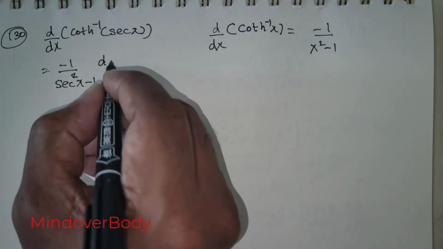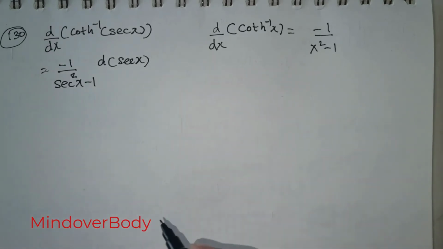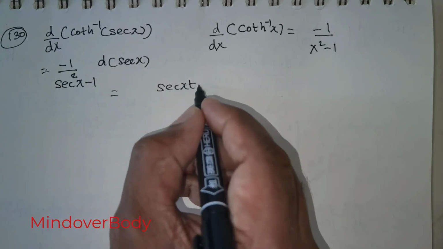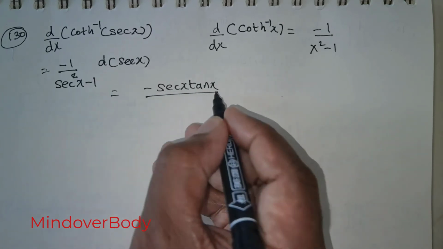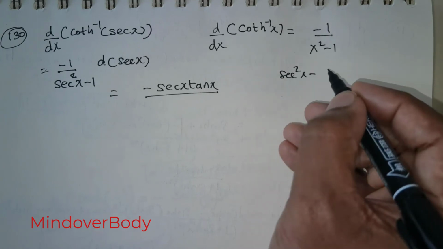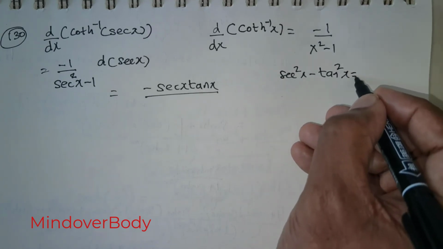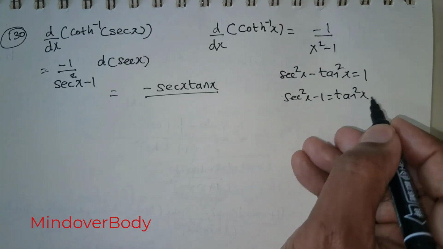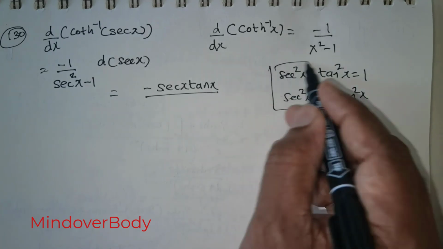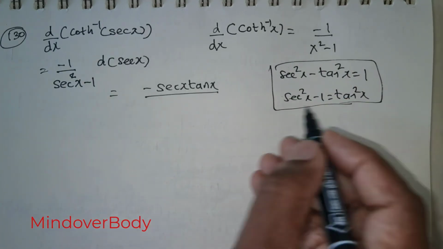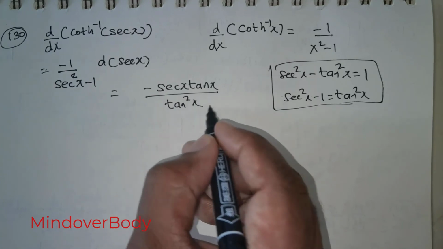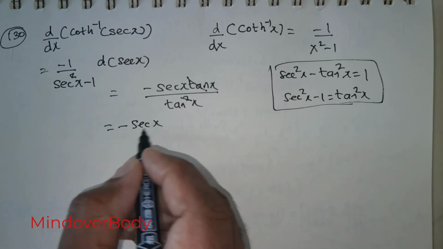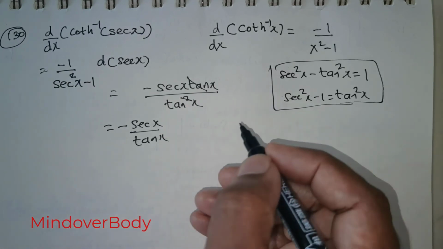Of course we need to differentiate secant x. Now the differential of secant x is secant x times tan x, with a negative sign, divided by, now we have a formula, secant squared x − tan squared x is equal to 1. So from here secant squared x − 1 is equal to tan squared x. So if I were to use this, it is going to be tan squared x. So clearly a tan and a tan can be cancelled, giving me −secant x divided by tan x.